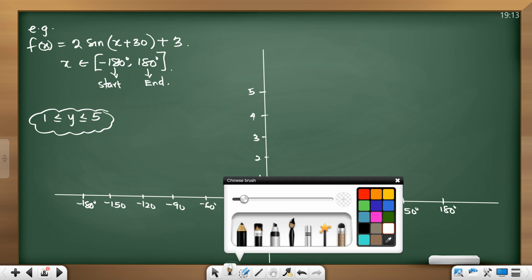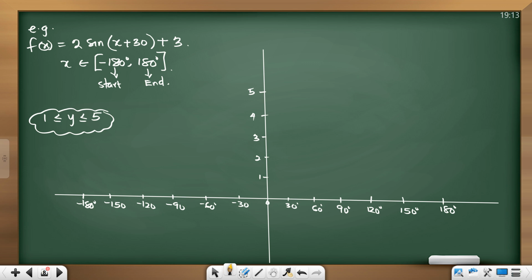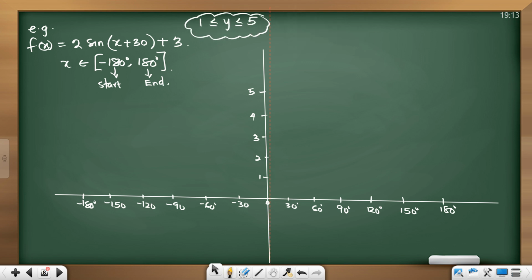All right, cool. We'll all compare our values. When x is negative 180, what's your y value? Please let's all compare the values together, because my own calculator disappears once I start talking to you. You said it's 2.